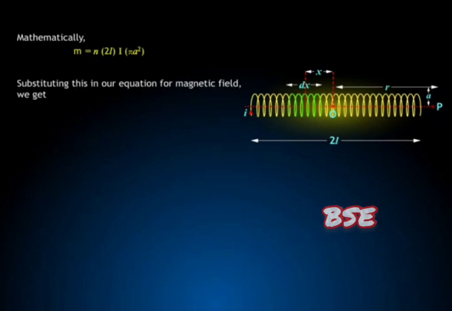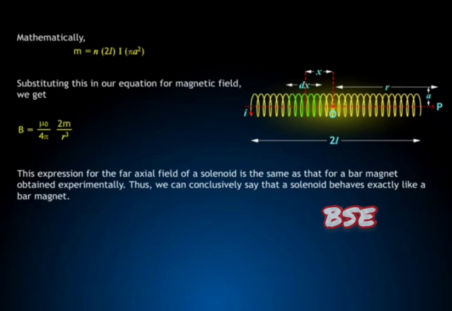Substituting this in our equation for magnetic field, we get B equals mu naught by 4 pi into 2m by r cubed. This expression for the far axial field of a solenoid is the same as that for a bar magnet obtained experimentally. Thus, we can conclusively say that a solenoid behaves exactly like a bar magnet.